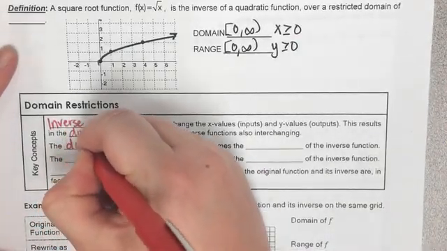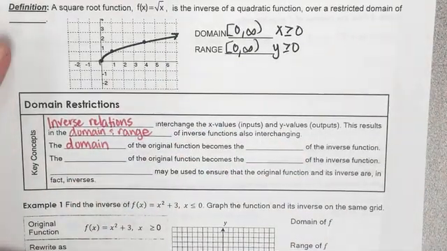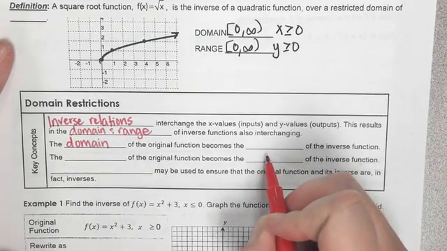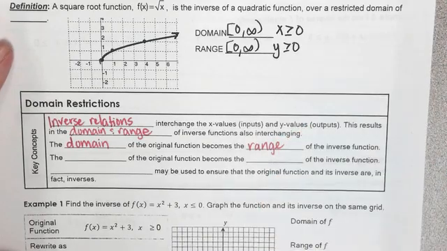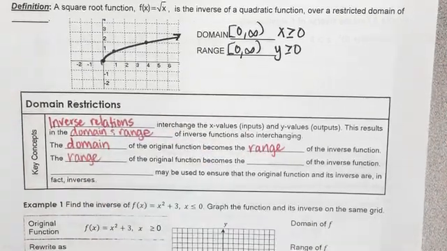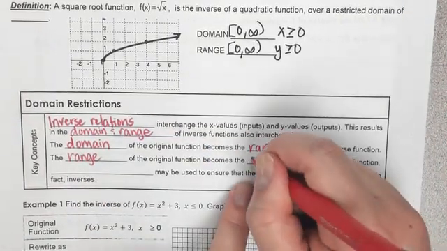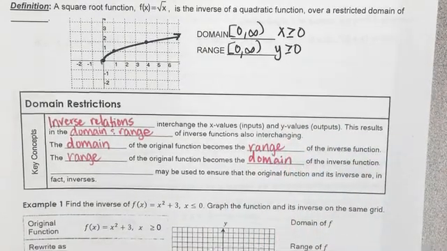The domain of the original function becomes the, what goes in this blank? Range. Yep, range of the inverse. And the range of the original becomes the domain of the inverse. Okay?